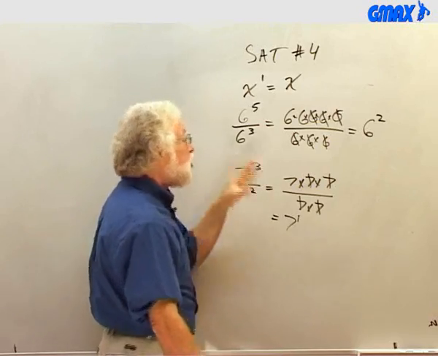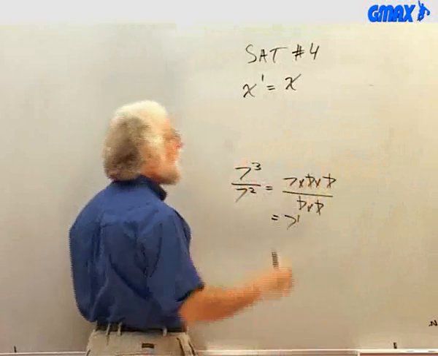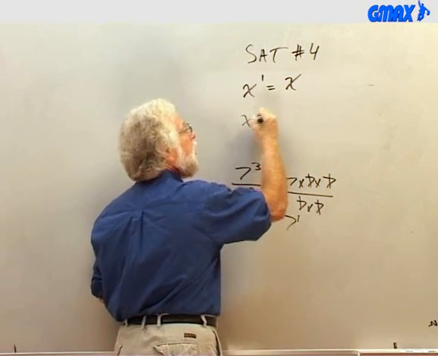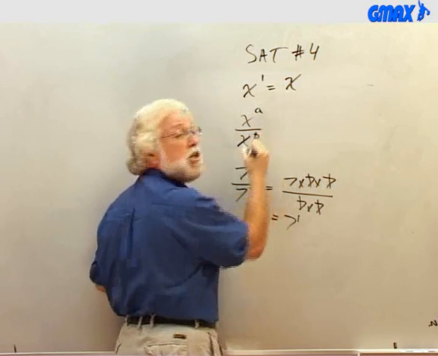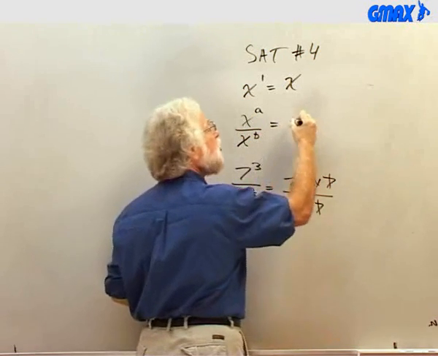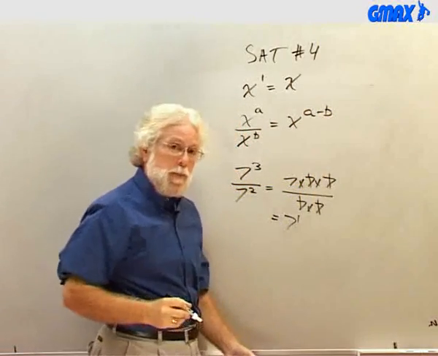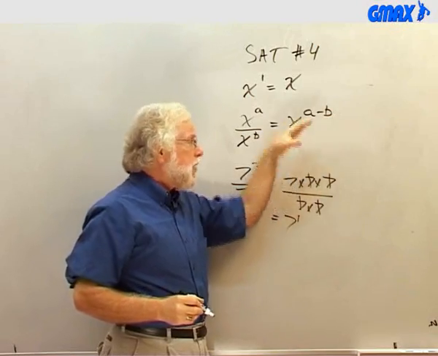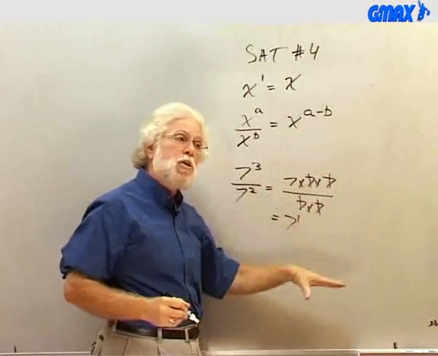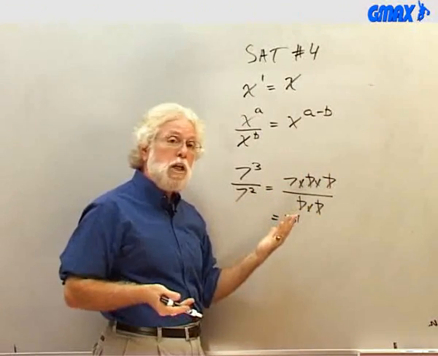All right? So what did we just derive here? That if you have x to the a over x to the b, the answer is going to be x to the a minus b. Very important you remember the order in which this is done. And this will expand into other areas where we'll see other representations where maybe before they didn't make much sense to you.